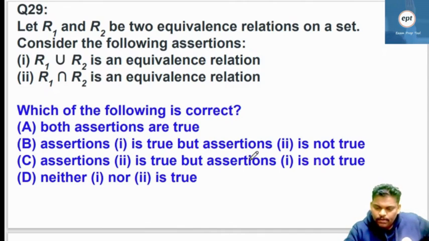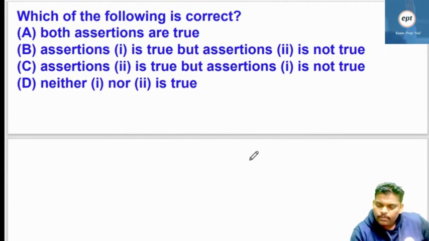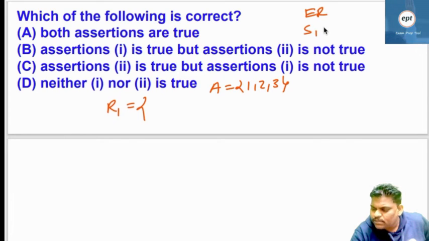Yeah, let's see the example. One example you see. R1 is equal to, set A is 1, 2, 3. When you say it is an equivalence relation, it should be symmetric, it should be transitive, it should be reflexive.